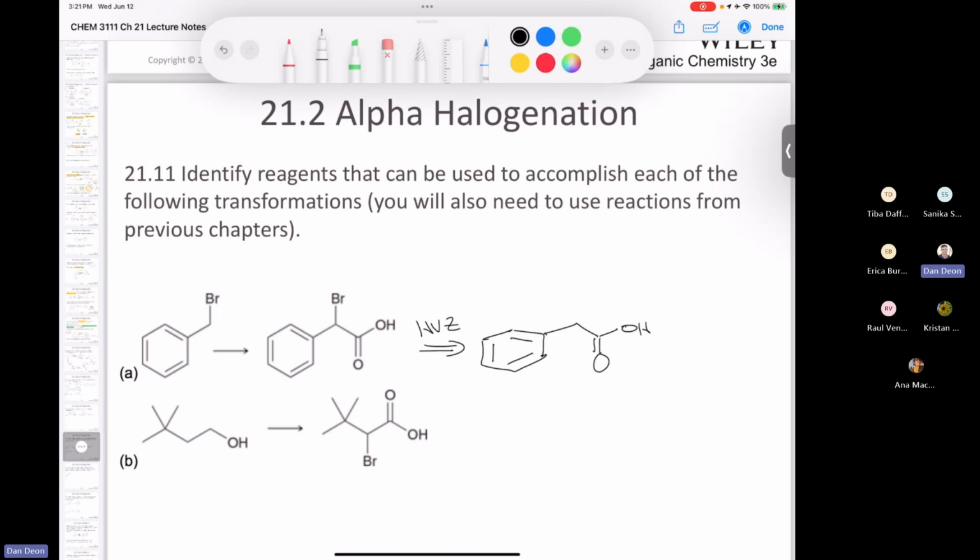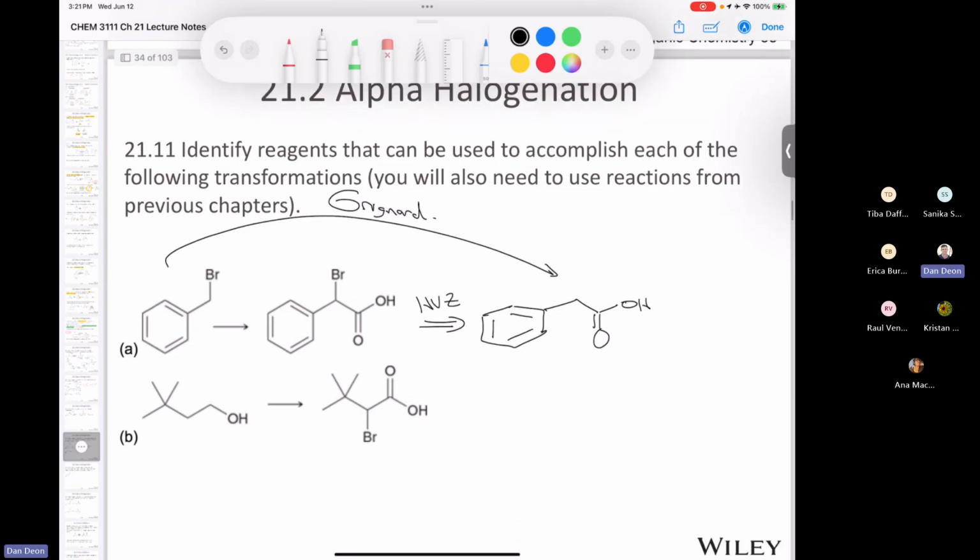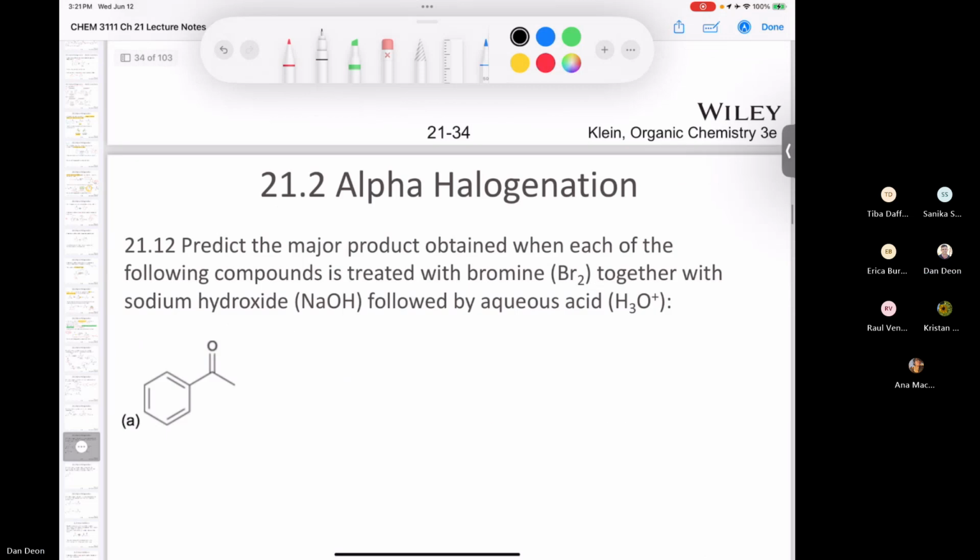And so the question becomes, how do I get from here to here? And the answer is going to be with a Grignard. All right, same thing for this one. It's going to be in the exact same vein. You need to make this compound from this.